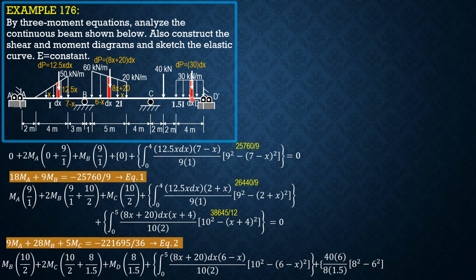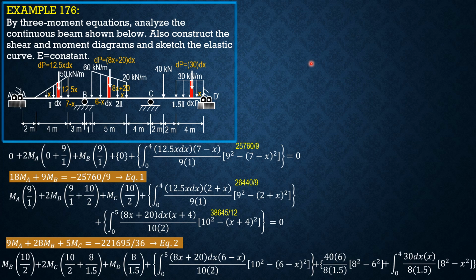Then let's call this distance of strip from D as x. Integral 0 to 4, 30 dx times x. B is x because we call this distance x from D, all over L, which is 8, then moment of inertia 1.5, quantity L square minus B square.